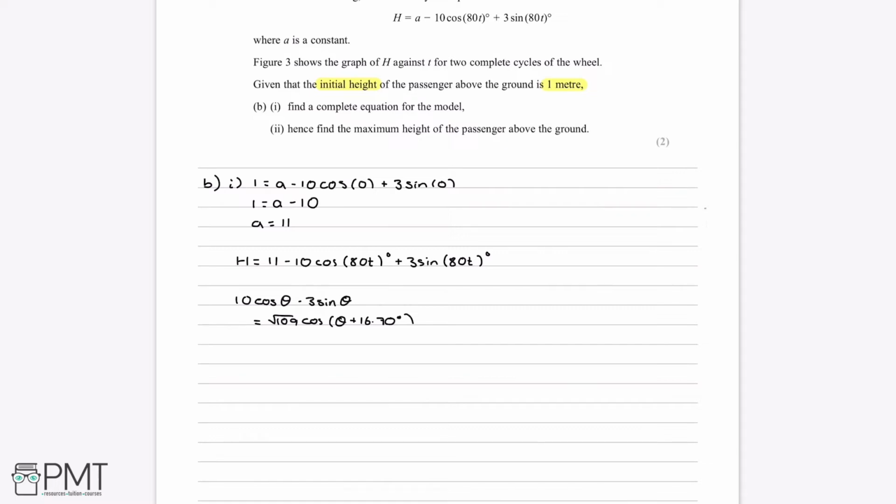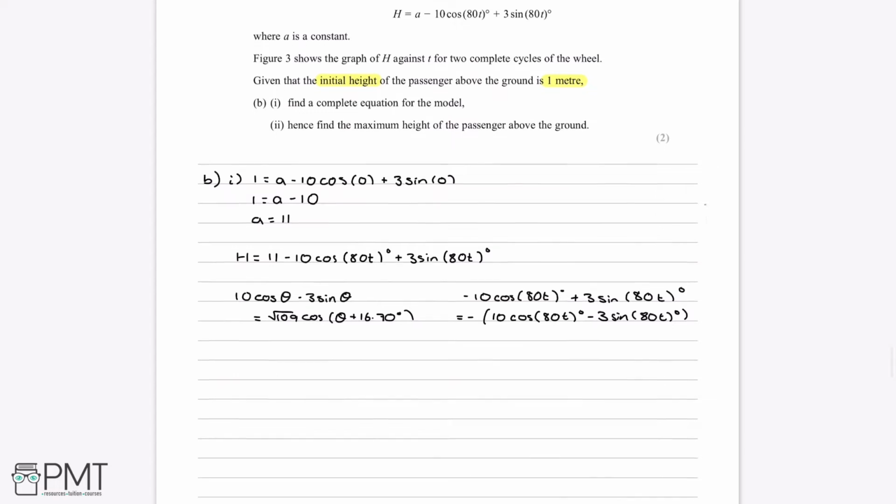So if we write what we have, which is minus 10 cos 80t plus 3 sine 80t, if we factorise out a minus sign, we're actually left with the exact same thing that we had for part A. The only difference being we've replaced theta with 80t.